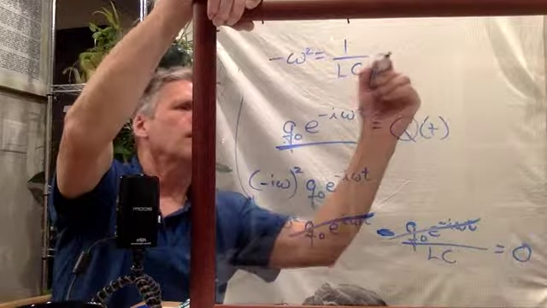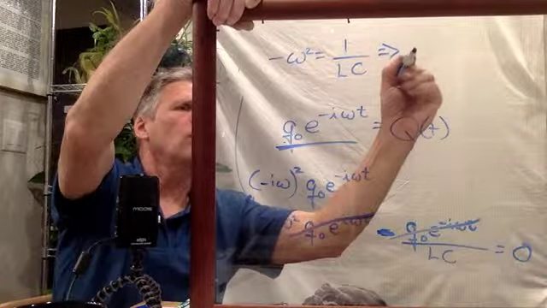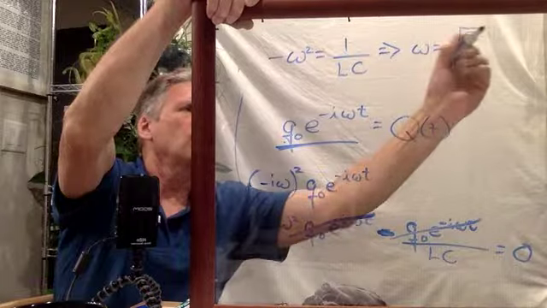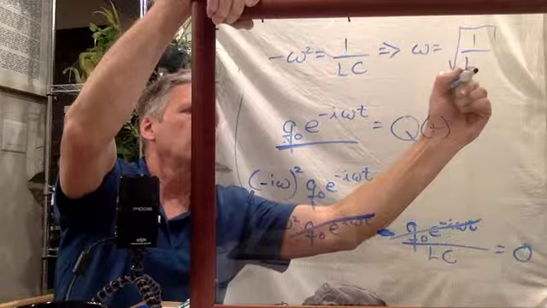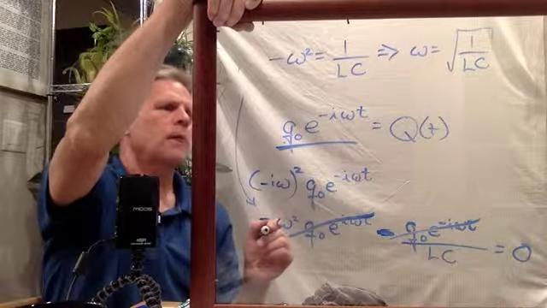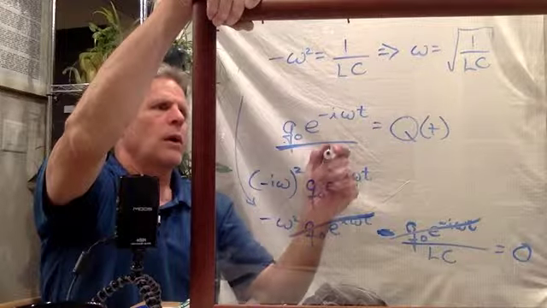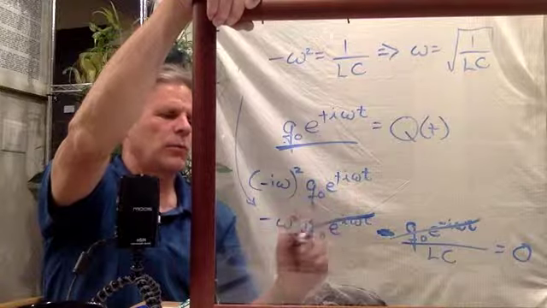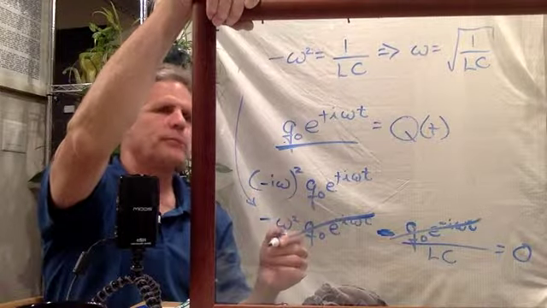So this leads to omega equals square root of 1 over LC. I'm actually cheating here because now I'm saying, let's make this a plus sign instead of a minus sign.